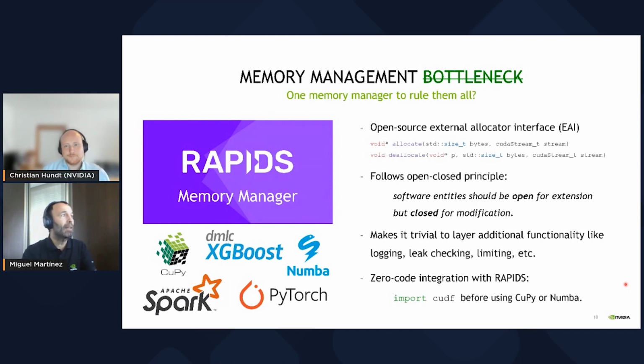So under that umbrella, we created RAPIDS Memory Manager, which is just an external allocator, a piece of software that you can plug into your software to deal with the memory allocations and deallocations, alongside other things, like for instance, it lets you do logging, double-check leaks, and limit the amount of memory per consumer.